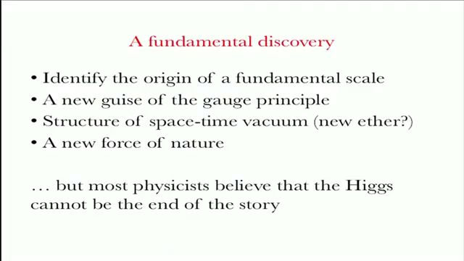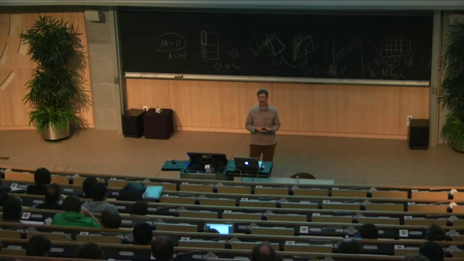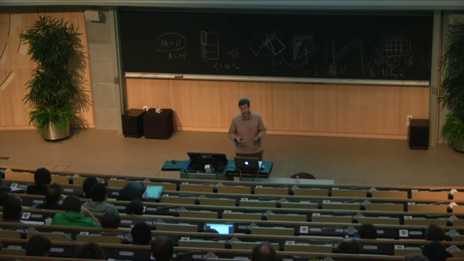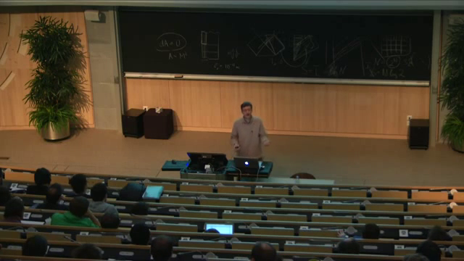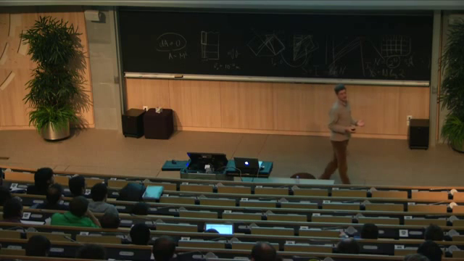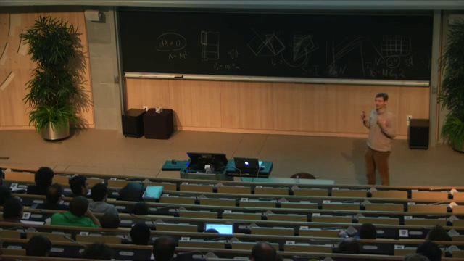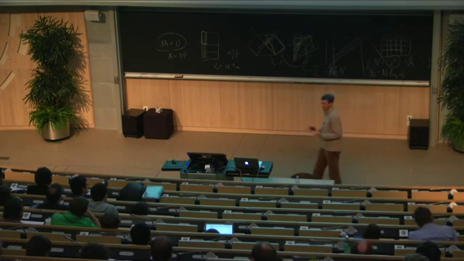We have also understood a new way in which the gauge symmetry can be realized. We've learned something about the structure of space-time itself, because the Higgs vacuum is a property of the vacuum. And that's something that goes really beyond just particle physics.